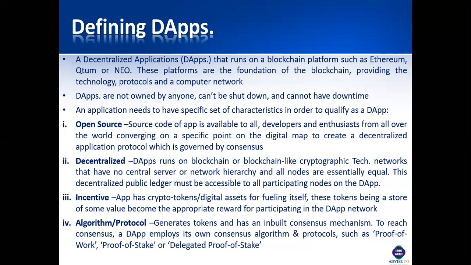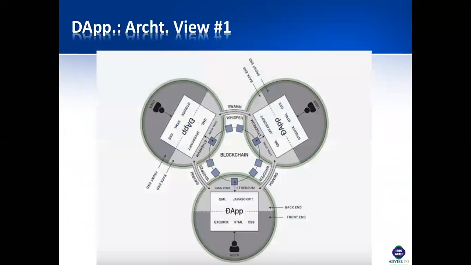Now, coming to the next slides, we will give a view on the various architectures. This is one view of the architecture of a DApp. It basically relies on the blockchain infrastructure. In the blockchain infrastructure, you have a messaging platform called Swarm and you have Whisper.